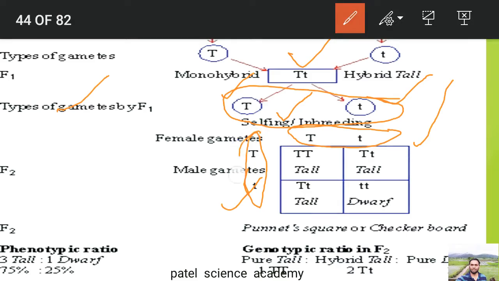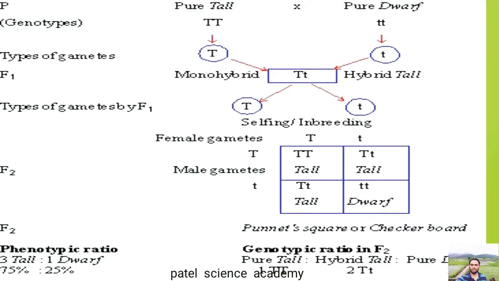Just see it vertically, this is the female gamete, or male, you can consider any one parent, and horizontally this is one of the gametes from the other parent. So these are the two gametes of female, and these are the two gametes of male. As selfing is there, these gametes will be the same. So now we are making a checkerboard.